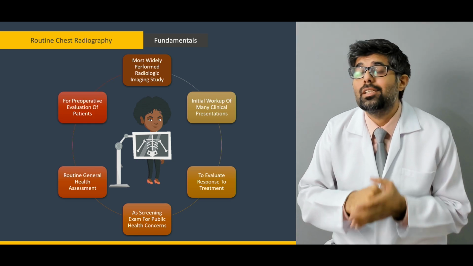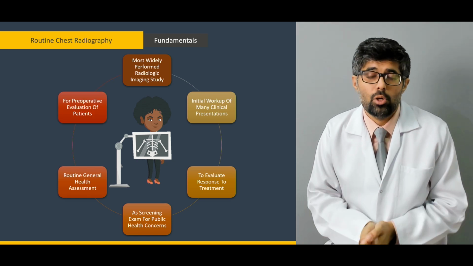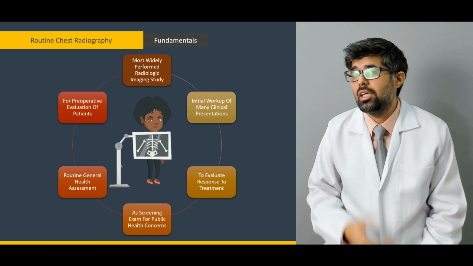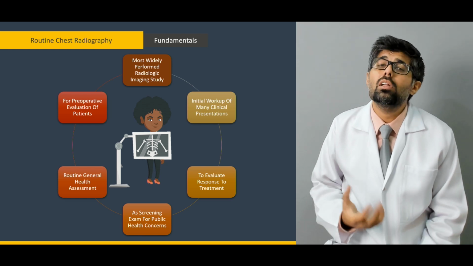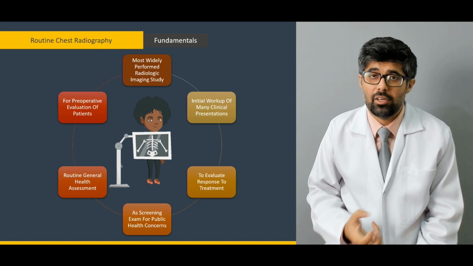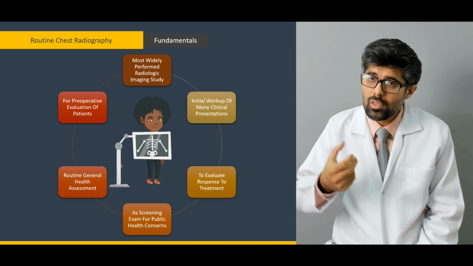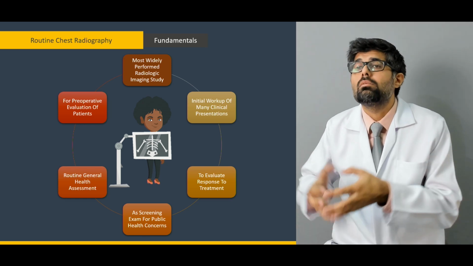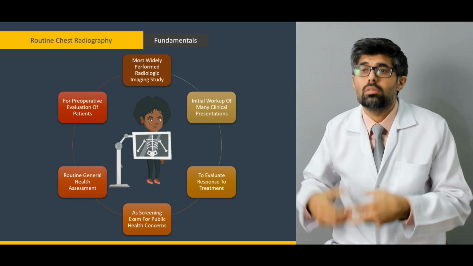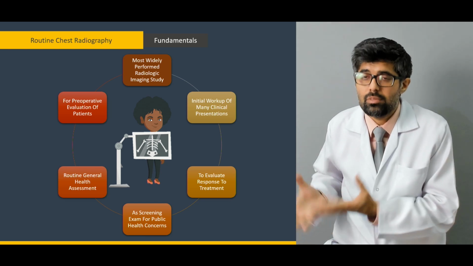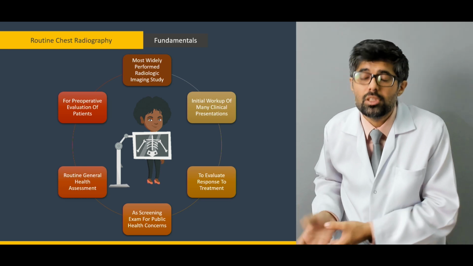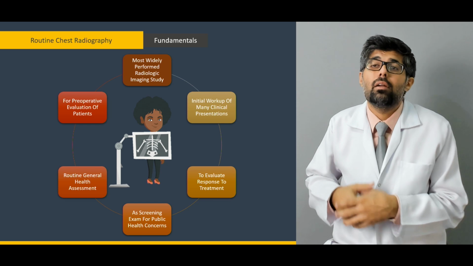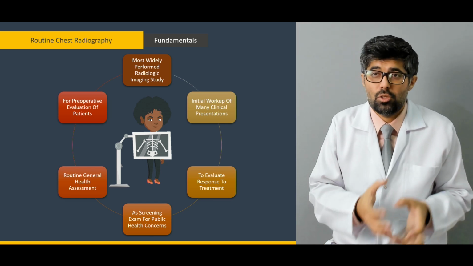Last one is that it is also used for preoperative evaluation of the patients who are undergoing general anesthesia. Now, general anesthesia is a very, very risky move. General anesthesia involves the patient being unconscious. It involves the muscles losing their tone, and it is usually done during major operations.